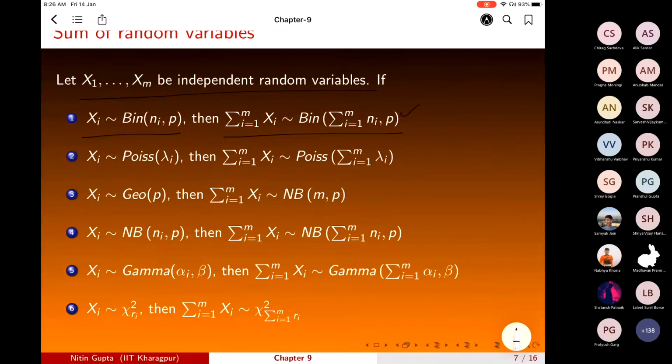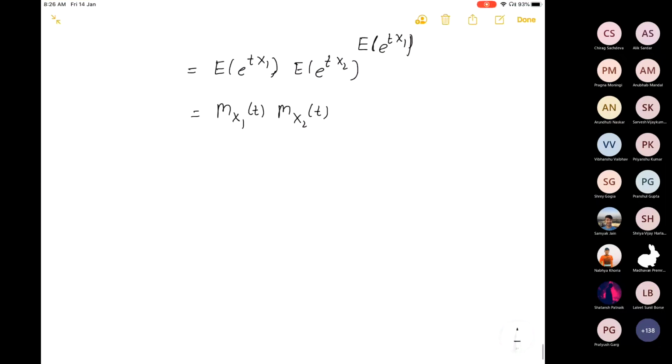So xi's are independent binomial (ni, p), i from 1 to m.